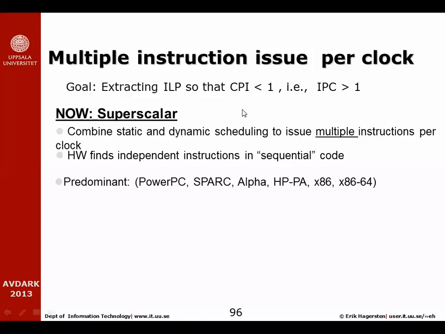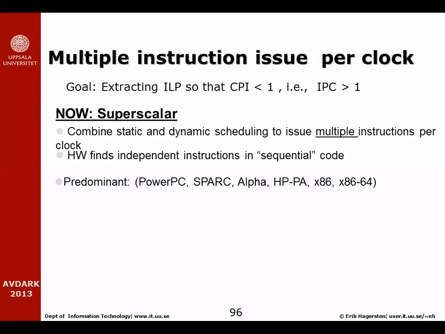The trick we're going to look at now is called superscalar architectures. And here we're going to combine static scheduling of the compiler, and later on we're going to take help from what's called out-of-order execution to also do dynamic scheduling to find enough instruction level parallelism.